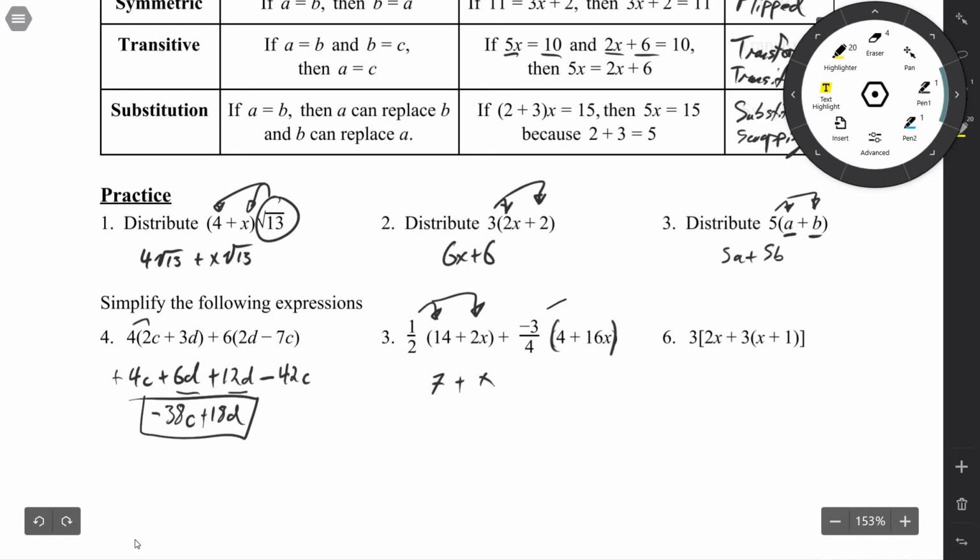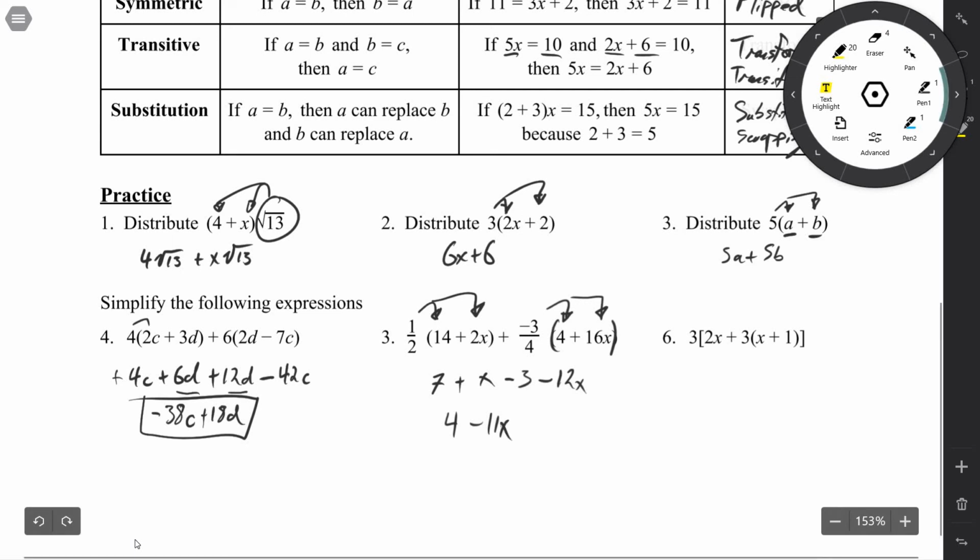So we'll distribute the negative 3/4 into both of these numbers. So negative 3/4 of 4 would be negative 3, and negative 3/4 of 16x would give us minus 12x. And then we're just going to combine like terms. So the 7 and negative 3 would add together to give us 4, and the x and the negative 12x would add together to give us 11x.